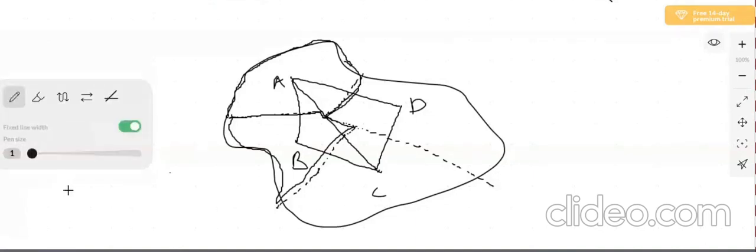So I will just draw the square here. Have you noted all the values of G1, G2?